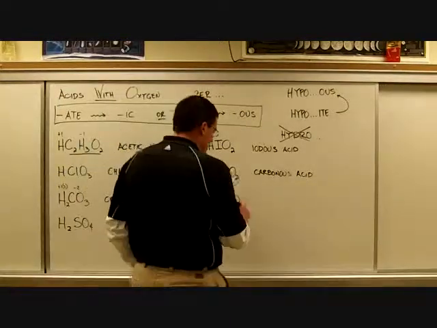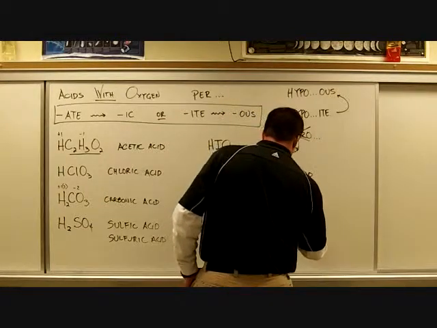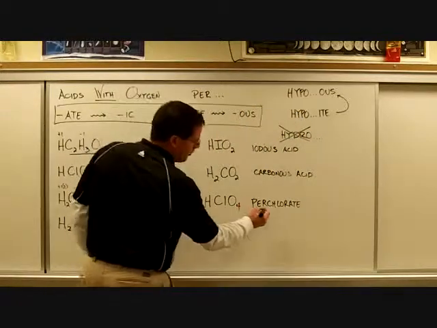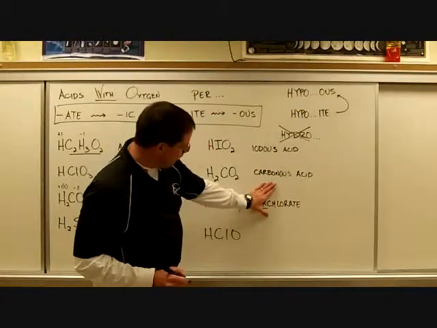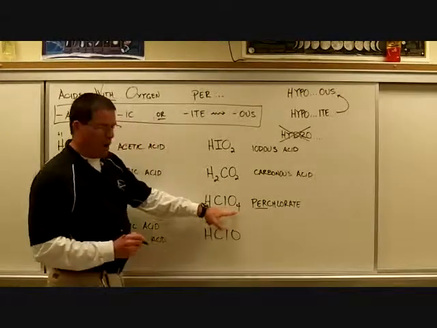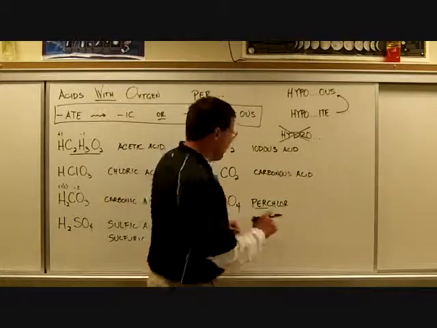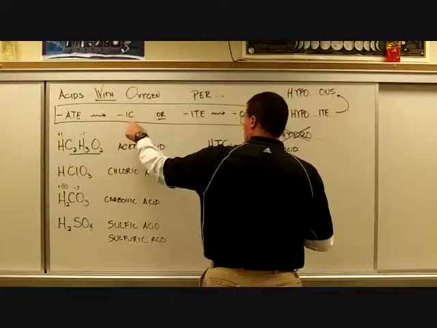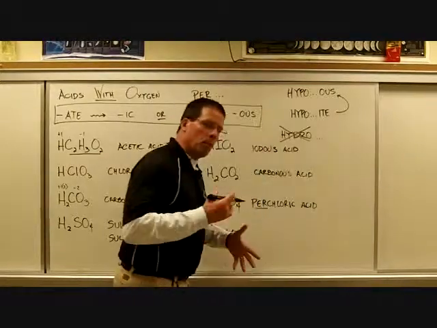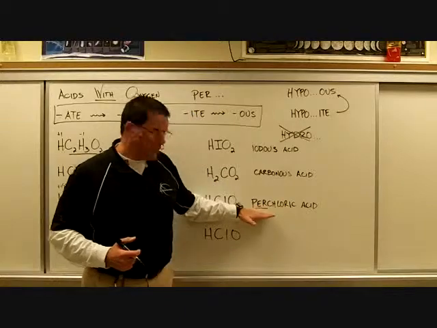So I actually have perchlorate. Since I have perchlorate, if I cover up that per, then I have chlorate, which is ClO3. The per means I have 1 more oxygen. So I need to get rid of the AT ending and put ic, since the ATE ends in ic, and then acid. So you have to be aware of not only the ending, but the beginning as well.